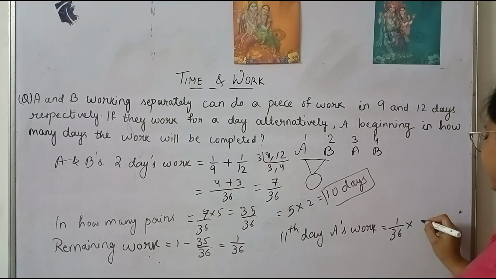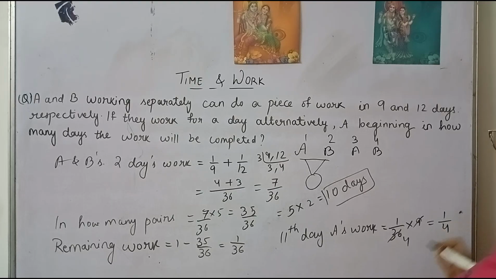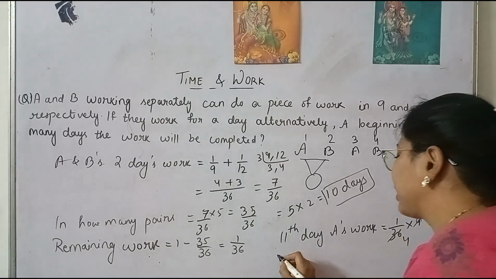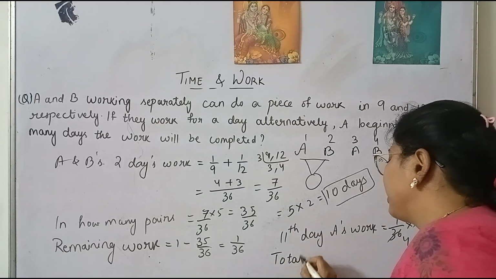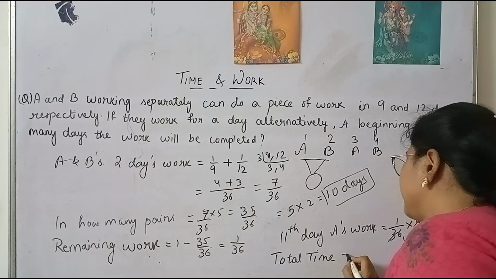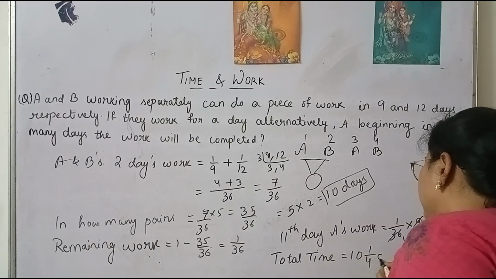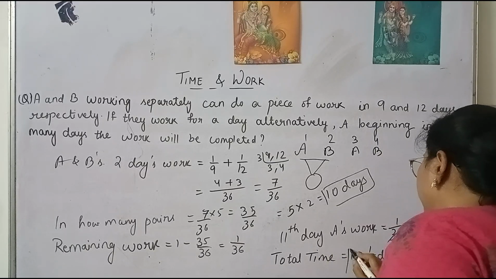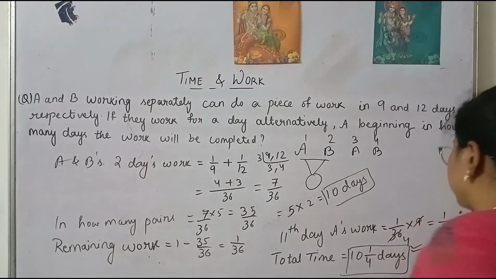What is the time taken by him? 9. That gives 1/4. So, the total time taken by them will be 10 days plus 1/4, that is 10 1/4 days. 10 1/4 days will be the answer. Clear?